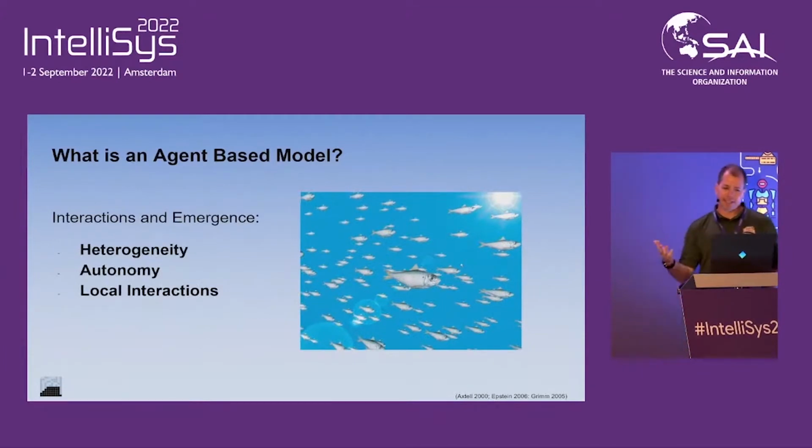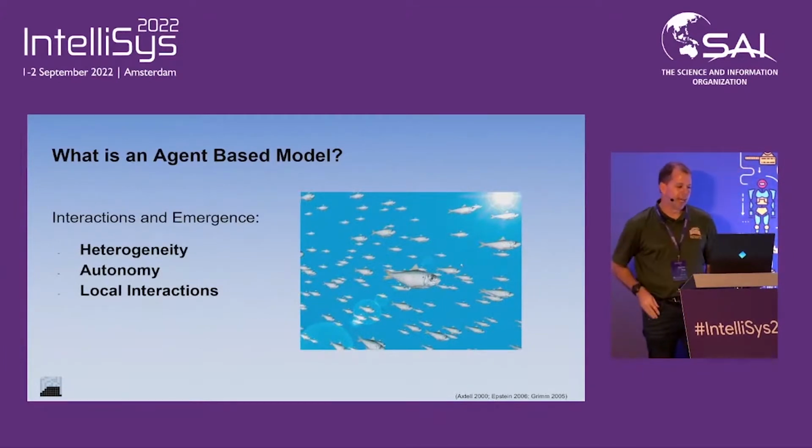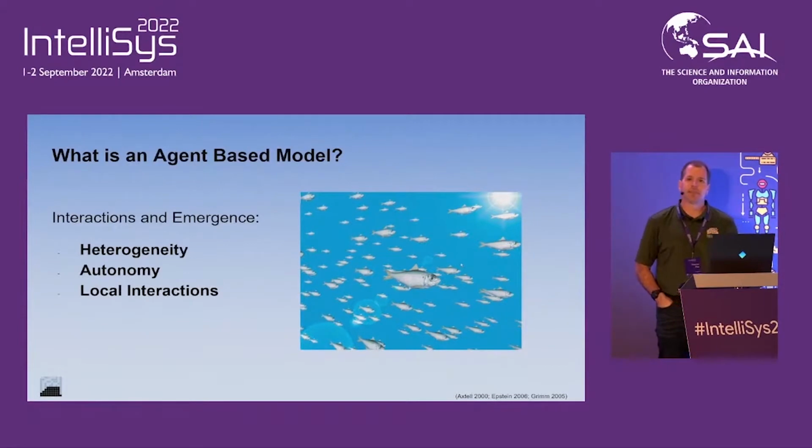So what is an agent-based model? It's interactions and emergence. You have a diverse population, heterogeneity, that are each acting independently, trying to achieve their local goals or locally optimize their particular situation, and they have these local interactions that produce emergent behaviors.